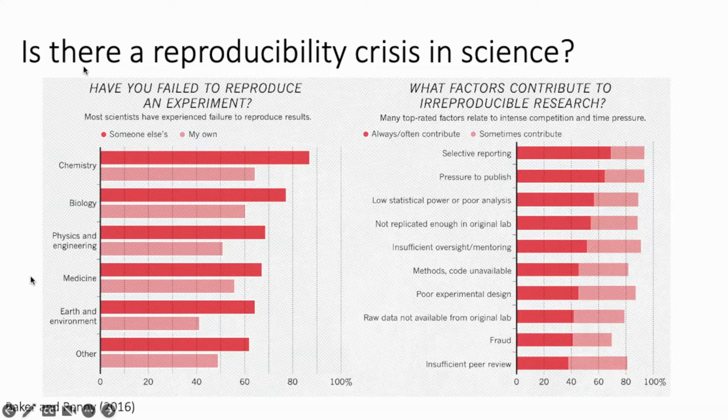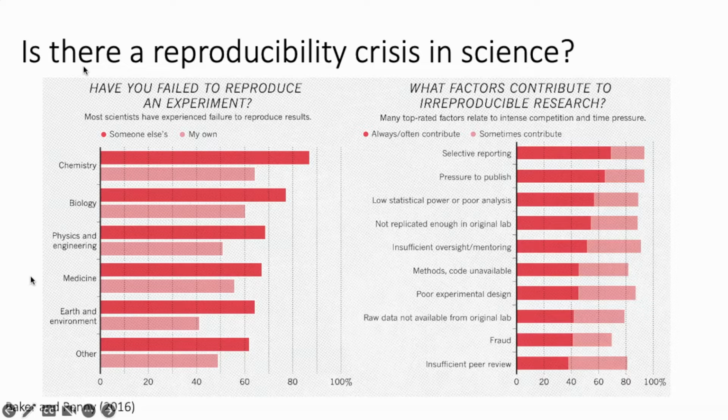Now, obviously this is their own perception. It's not that they've done studies on this, but basically they asked them, have you failed to reproduce an experiment yourself? About 80% in chemistry and biology said, yes, I have failed to reproduce an experiment from another person, but also my own experiments.